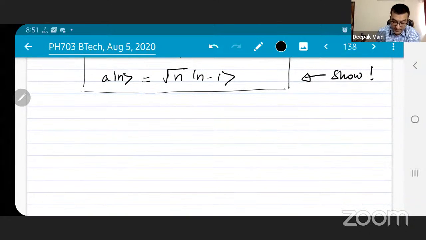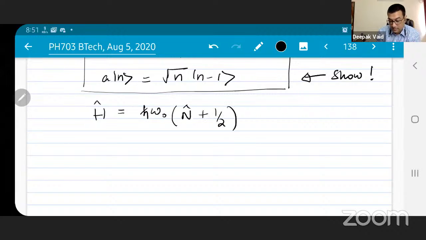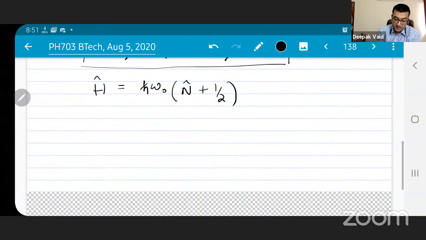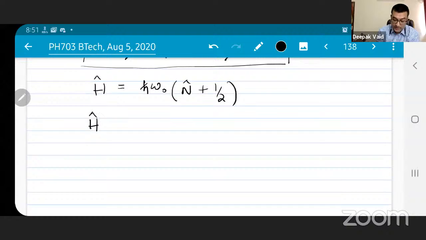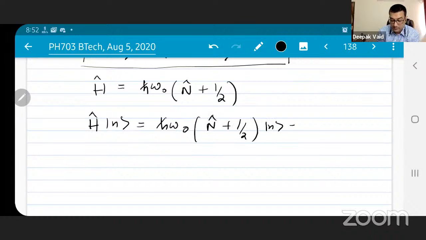Now, what is this ket n state? Remember the Hamiltonian can be written as H. This is a Hamiltonian, right? So what is the action of the Hamiltonian on these n states?